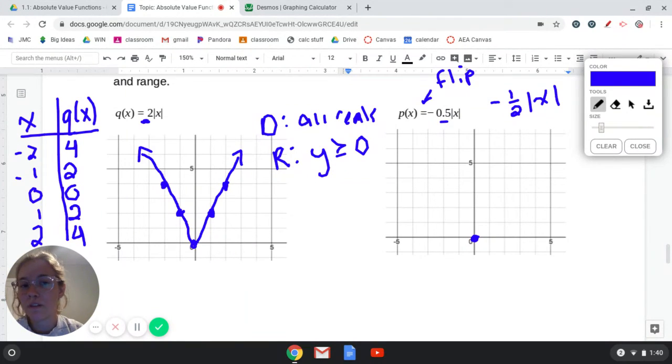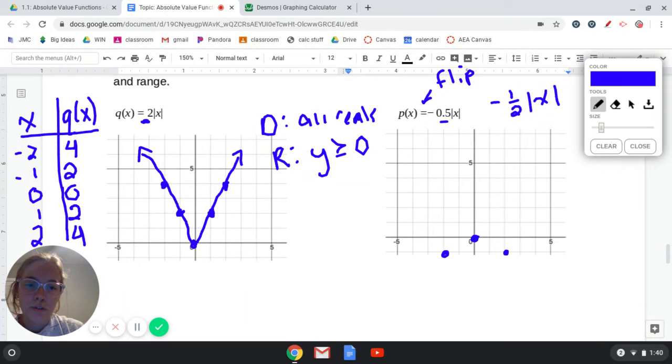We're not moving up and down either, so the vertex is at 0, 0. Now, the slope is going to be 1/2, and it's going to go down, which means we're going to go down 1 and over 2. Down 1 over 2, right here. And it's going to mirror on the other side, so down 1 over 2.